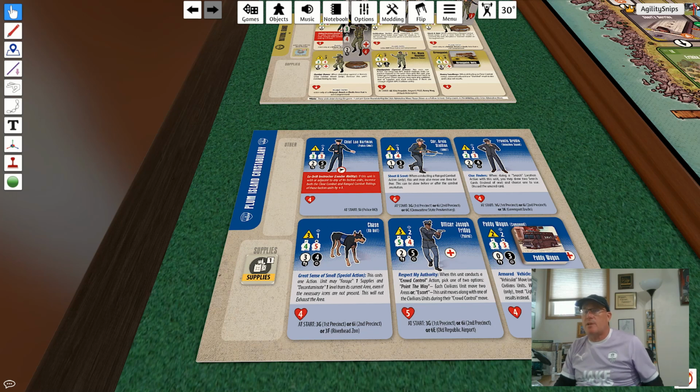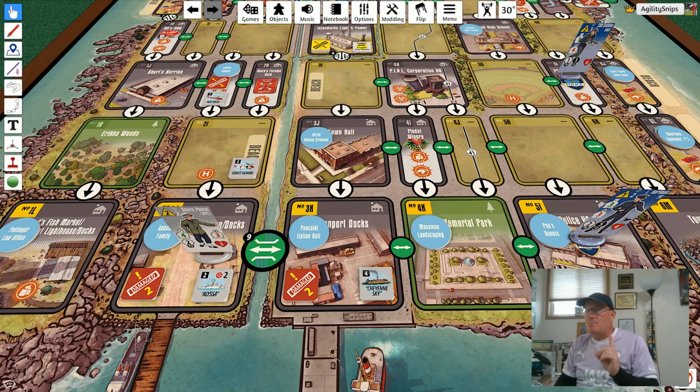We pay 1 supplies for that range combat. NPC units, when used for range combat, do not pay supplies. So if I were to use the Shore Patrol here, which has a range combat rating of 2, or the Alyssa here, which has a gunship rating of 2, I could perform range combat using an action during my turn, and I don't have to pay supplies in order to do it.